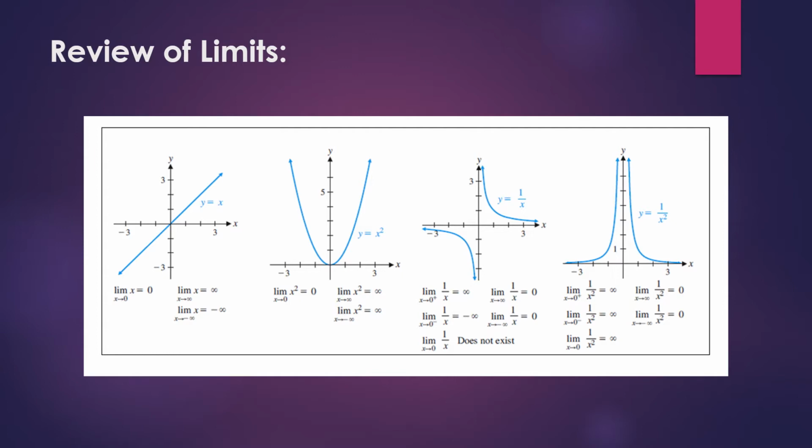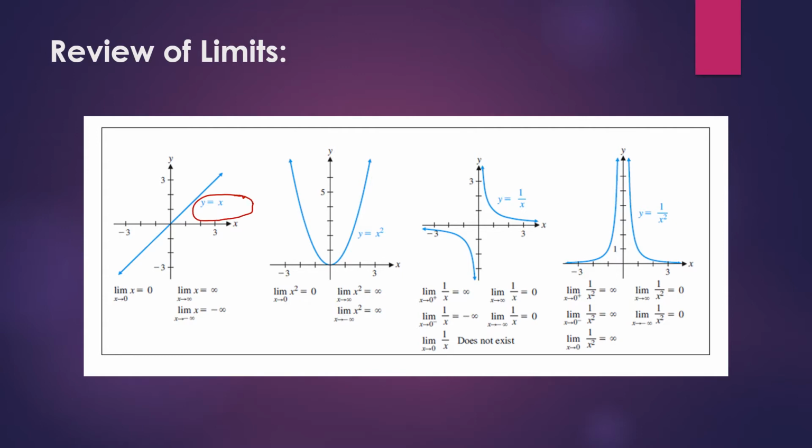So here we've got four examples. We've got y equals x squared, y equals 1 over x, and y equals 1 over x squared. And the reason I picked these ones is that a lot of the functions that we're going to deal with will look like this. If we are looking at a polynomial of odd degree, it will kind of resemble y equals x.